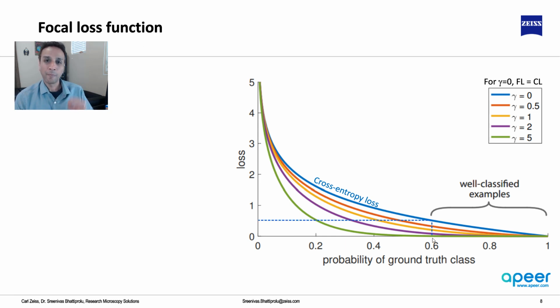If you look at, again, my cat example, you have an image that you know is a cat with a probability of 0.6. Or during the training process, it's looking at this and the probability is coming out to be 0.6. And if you look, the loss is about 0.5. Even though I have fairly high probability, my loss is pretty high.